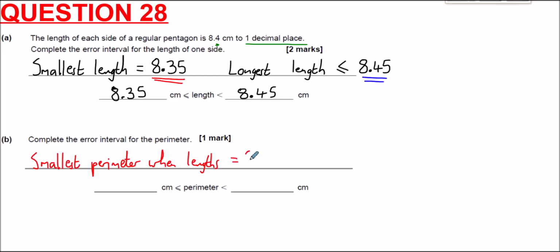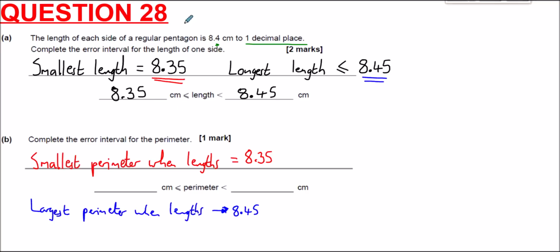So when the lengths are 8.35, that's the smallest possible perimeter. Whereas the largest perimeter would be when the lengths are very, very close to 8.45.